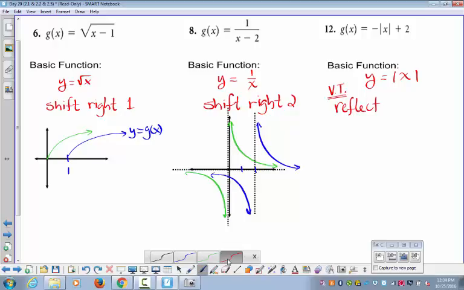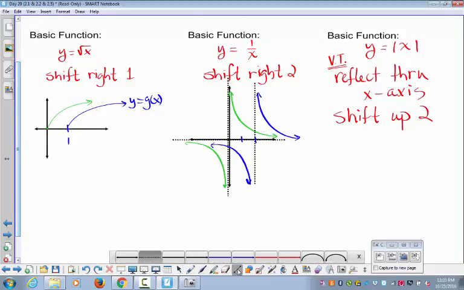So reflect through the x-axis. And then the second transformation here is a shift up of 2 units. With vertical shifting, it's exactly what you see. But with horizontal shifting, it's the opposite of what you see.